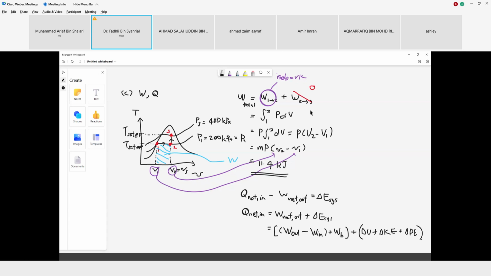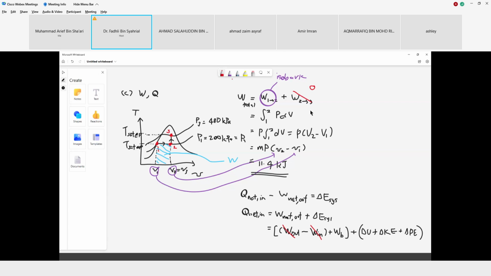Based on the questions given, we can delete some of the properties here. For example, W out. W out is work done by the system. For this piston cylinder device, it doesn't mention any work done by the system, so we can cancel W out. As well as W in, it doesn't mention anything about W in, work done on the system, so we can cancel W in.